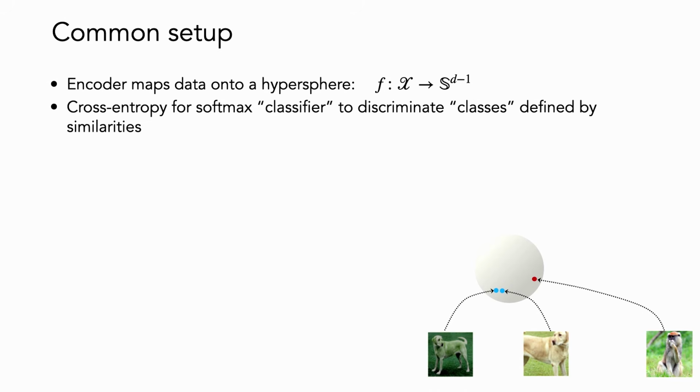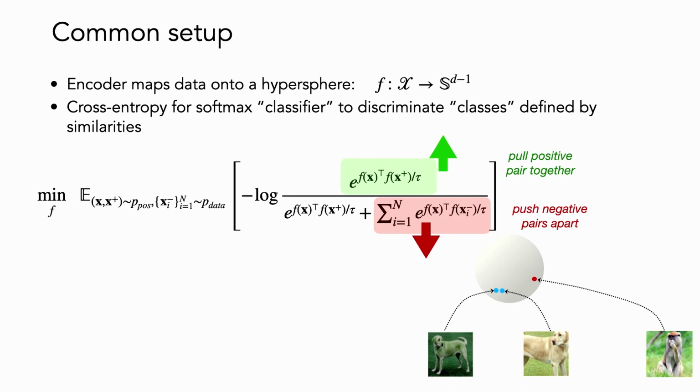So if we know that these two images at the bottom are the same class and this one is different, then we're going to try to explicitly pull positive pairs together and push negative pairs apart. So essentially, this is something like a cross entropy loss, right? We have an activation of a logarithm of something, and the one like this kind of looks close to a softmax.